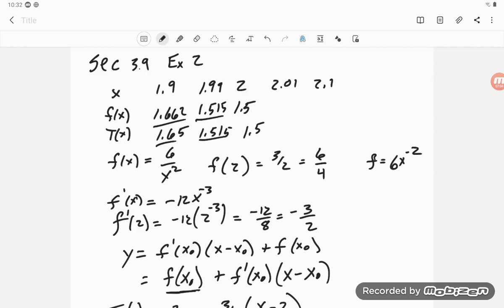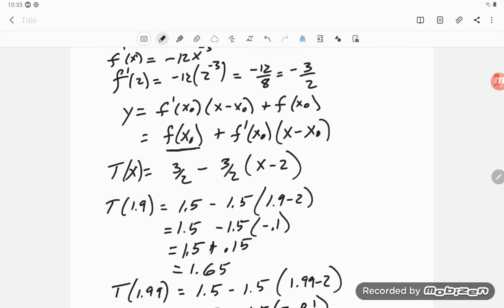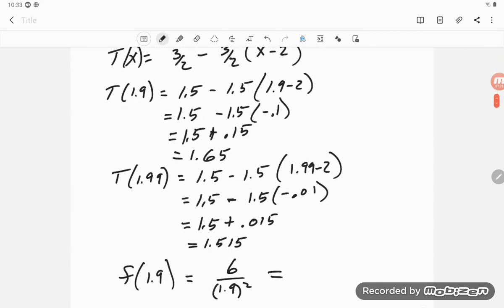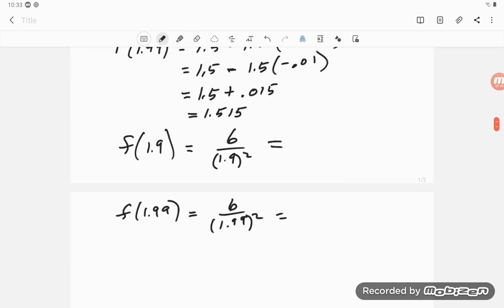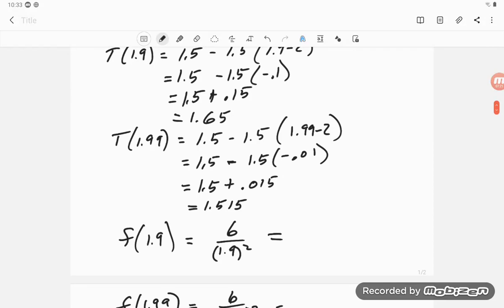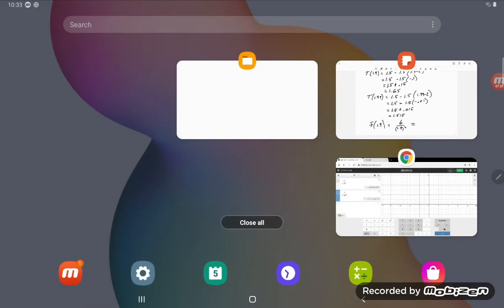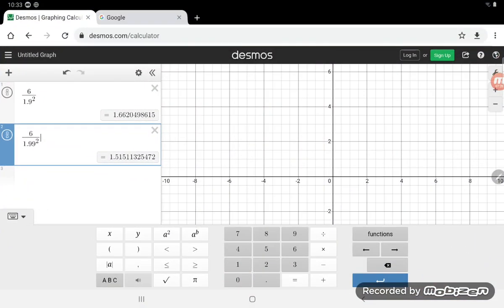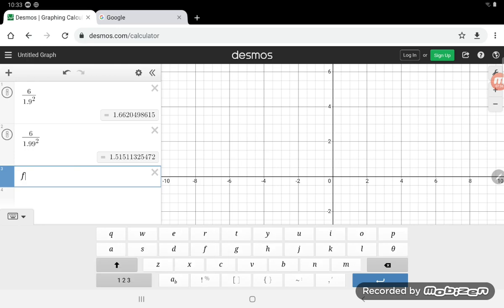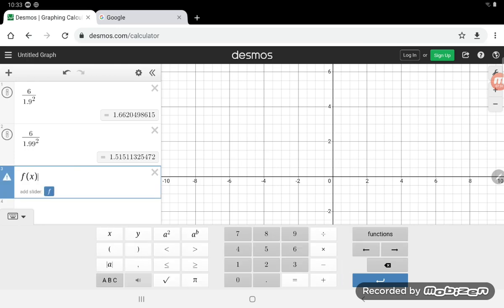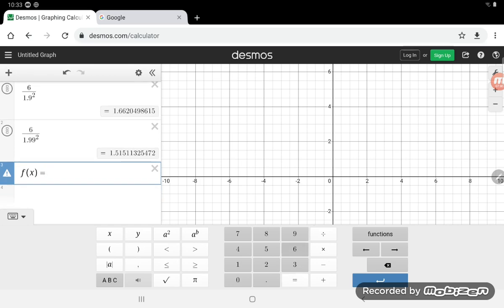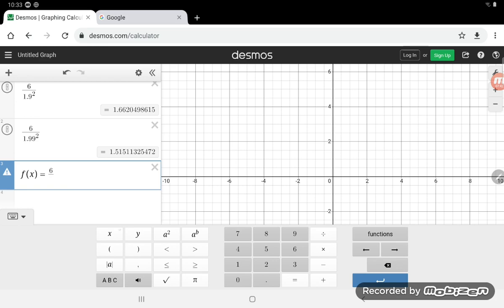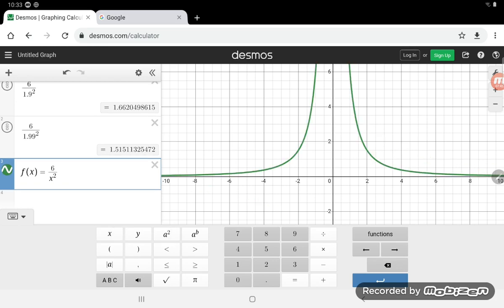Okay, so that's what they want us to do for number 2, and I could just fill in those as well. But we just want to produce that tangent line, get a tangent line approximation. And, well, what the heck, actually, while I'm at it, since I have Desmos up, let's insert f of x equal 6 divided by x squared.